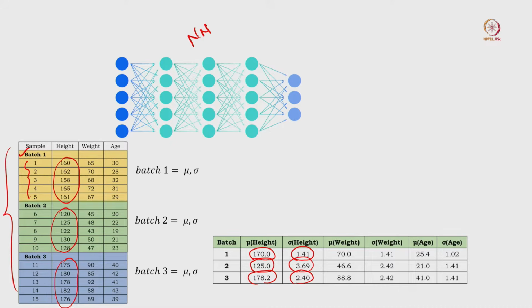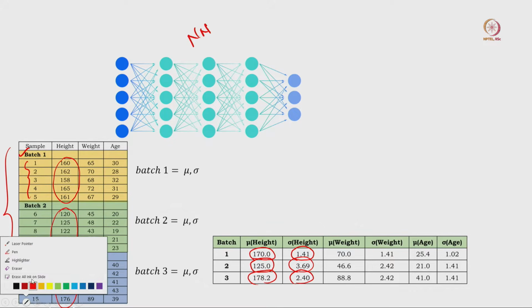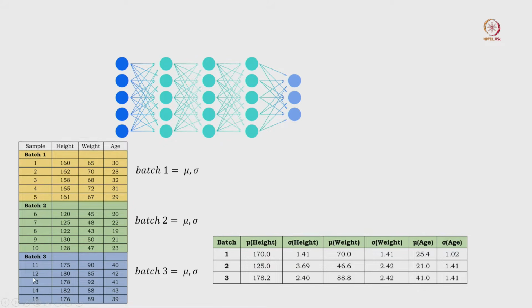Now, if this is the case, what exactly happens during training? When training starts, what will the model do? You are passing the first mini batch to a neural network.